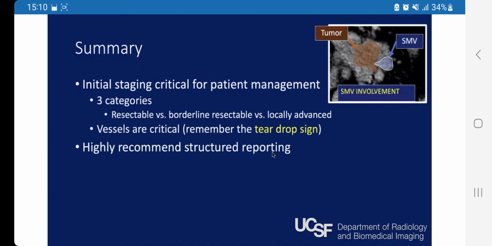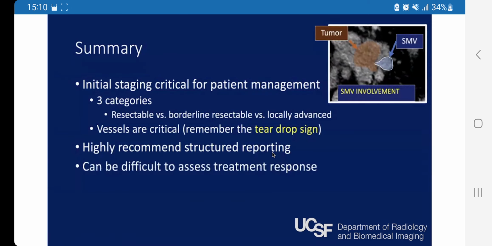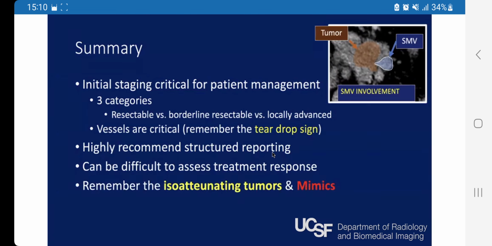Structured reporting is a really helpful method to help the treatment team, and treatment response is difficult to assess in post-treatment cases. And we always have to pay attention to the indirect signs which lead us to detect isoattenuating tumors and mimickers of pancreatic cancer.